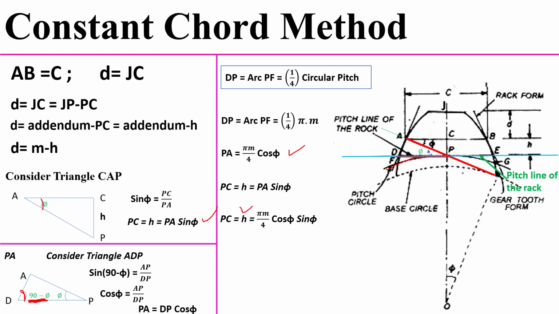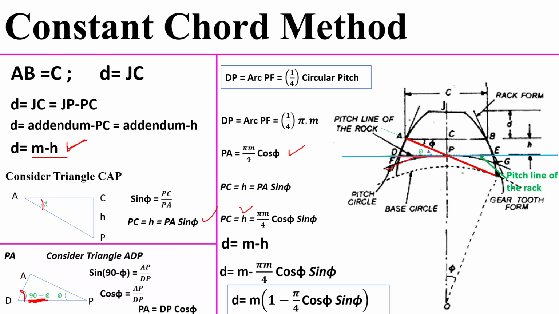We know the h value and we know the m value. Then small d value, which is the JC, equal to m minus h, which is equal to m minus pi m by 4 into cos phi into sin phi.